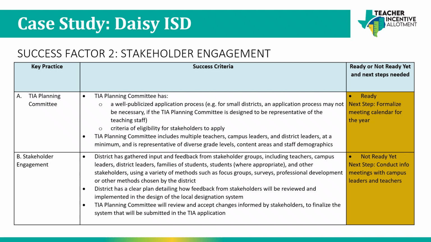So the next step there would be to go ahead and conduct informational meetings with campus leaders and teachers so they know what TIA is and how Daisy ISD plans to pursue it. So that's their readiness for success factor 2. I highly encourage you to use this exercise with your district and take the time to determine both your readiness and your next step for success factor 2.